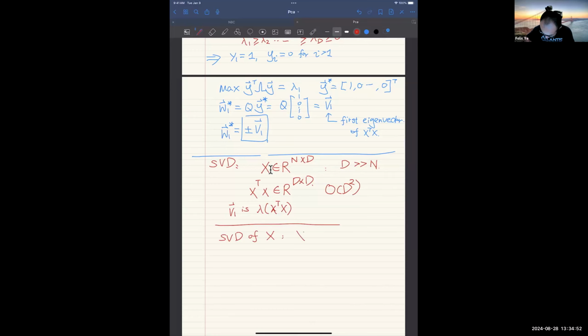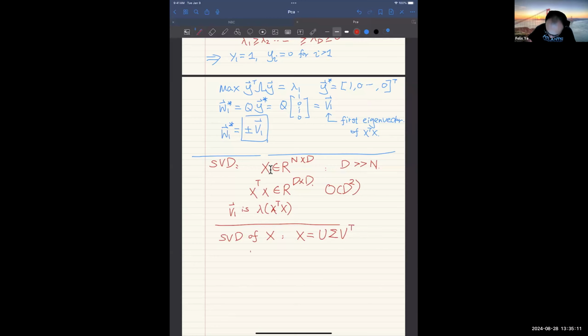We know the singular value decomposition always exists for any matrix, whether it's square, singular, a fat matrix, or a non-square matrix. So this will be U sigma V transpose.